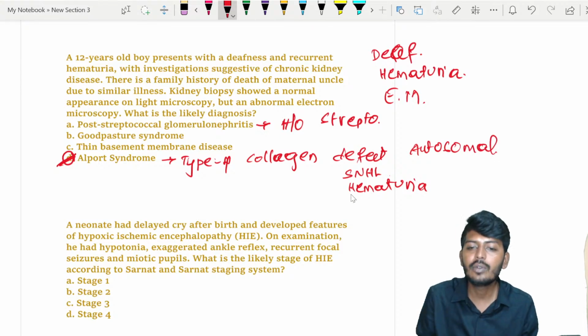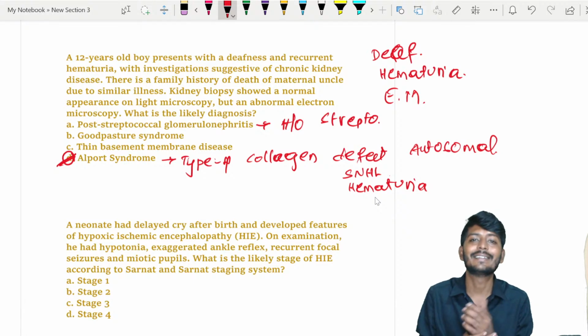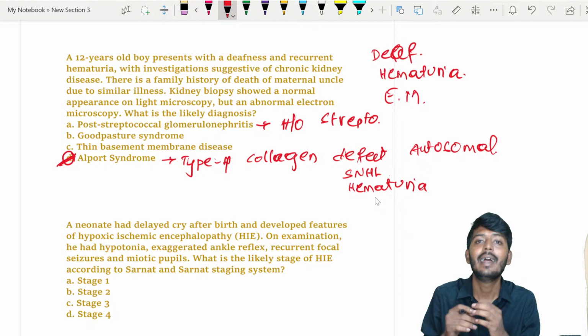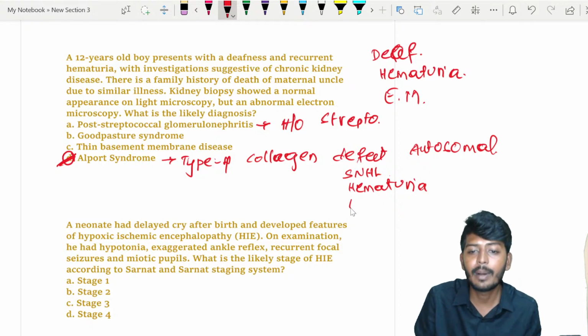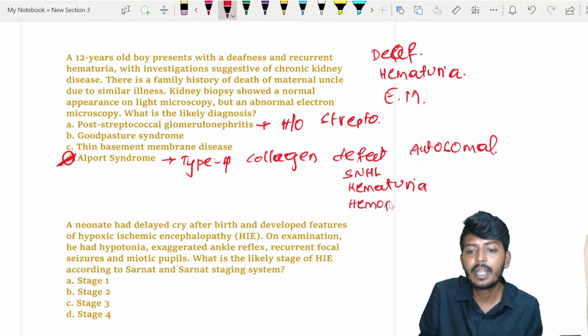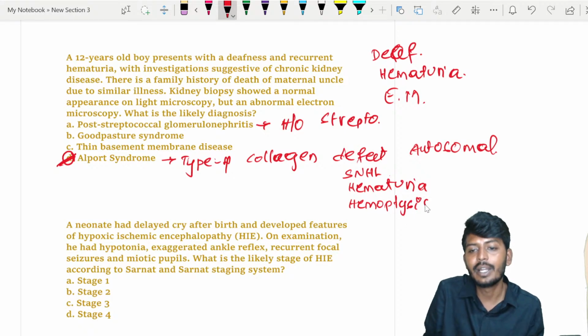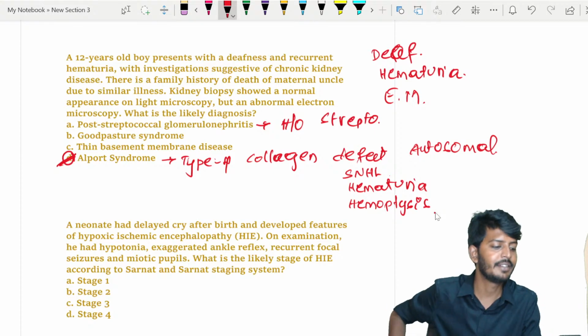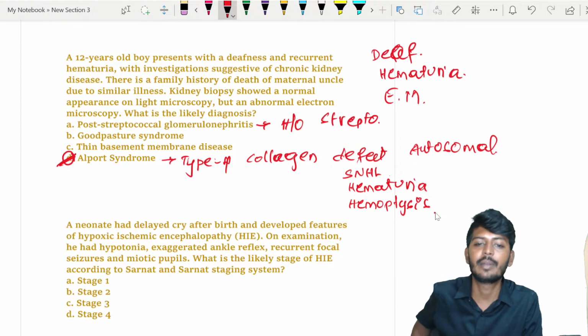The child can also have SNHL and hematuria. Apart from that, the child can also have hemoptysis. So it is a type 4 collagen defect, caused as a result of Alport syndrome. SNHL, hematuria, hemoptysis will be there.